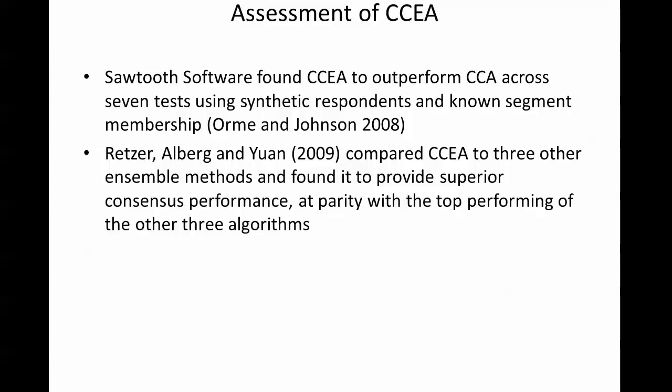At the 2009 Sawtooth Software Conference, Retzer, Alberg, and Yuan compared CCEA to 3 other ensemble methods and found it to provide superior performance. In fact, it was at parity with the top performing of the other 3 algorithms from the literature. So it's a really good, strong, robust way of doing cluster ensembles analysis.